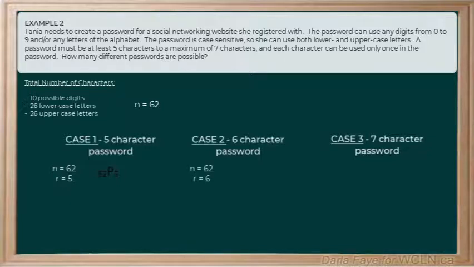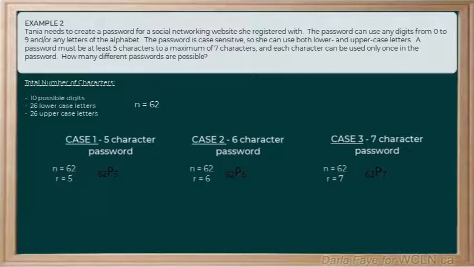So in this case, I would still have 62 possible characters to choose from, but this time I'm going to pick 6 of them to order. Or I could have case 3, which is the maximum number of characters. So again, in this scenario, I've got 62 possible characters to choose from, and I'm going to pick 7 of them to order.